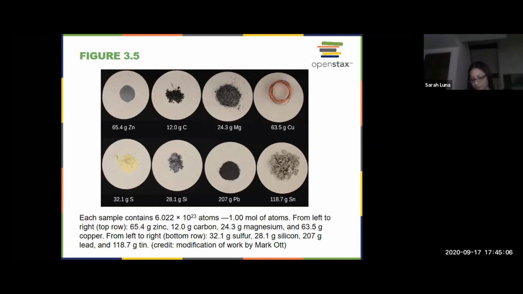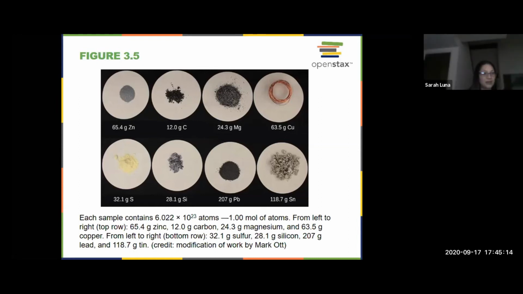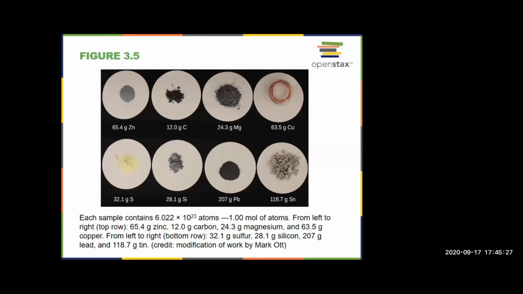Okay, so if I have 5 carbon dioxides, what is going to be the ratio of carbon to oxygen? 5 carbons and 10 oxygens.